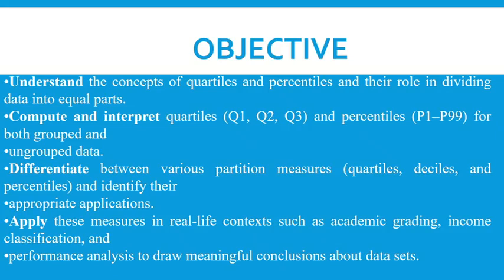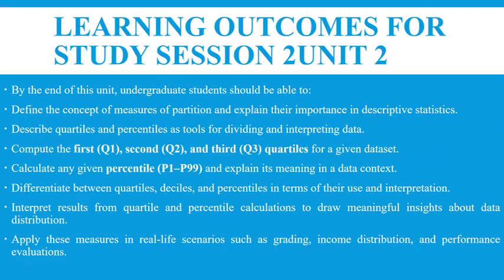Differentiate between various partition measures, quantile, decile, and percentile, and identify the appropriate applications. 4. Apply these measures in real-life contexts, such as academic grading and income classification, and the last but not the least, perform analysis to draw meaningful conclusions about data sets.